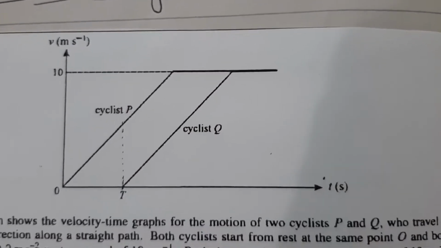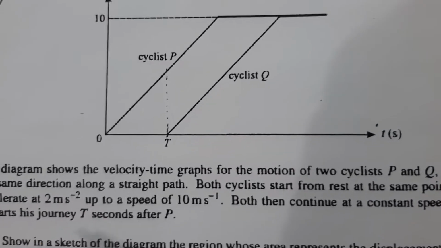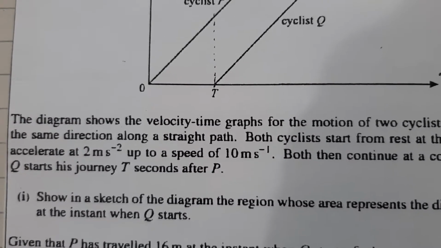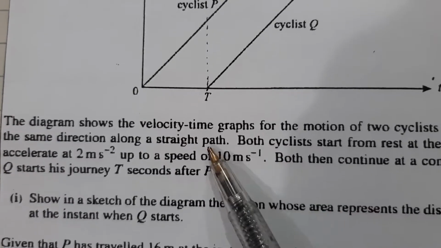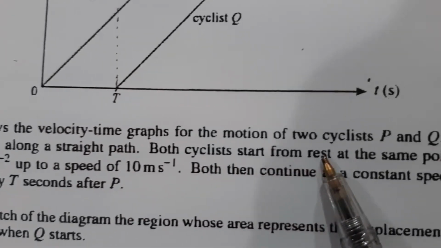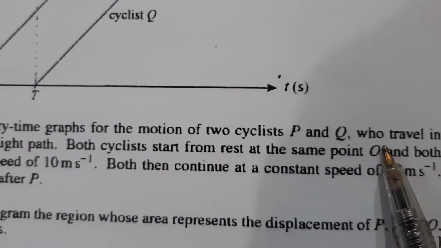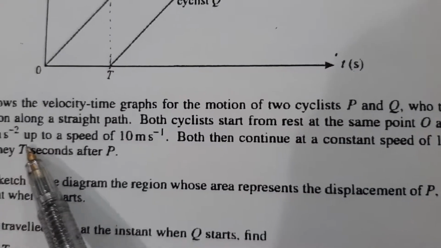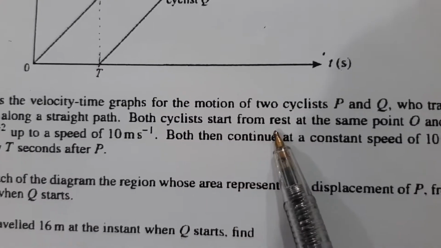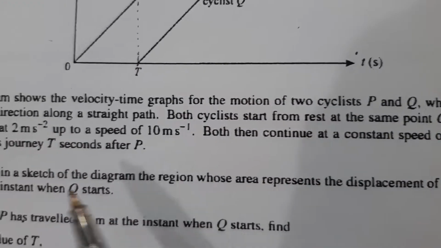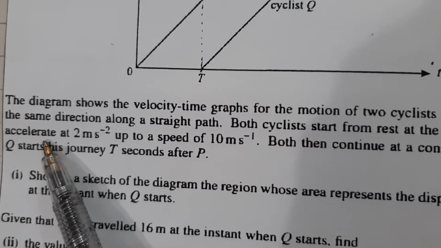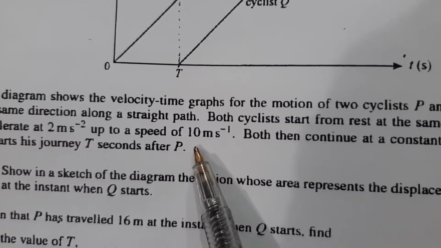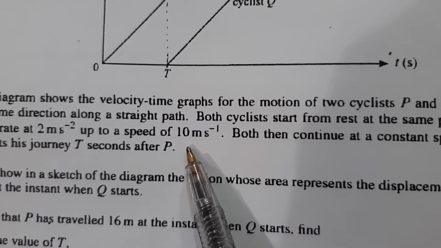Let's see what is the question here. This information is all given here. It is saying it's a velocity time graph for the motion of 2 cyclists P and Q, who travel in a straight path. Both cyclists start from rest at the same position and accelerate with 2 meters per second squared up to the speed of 10 meters per second.